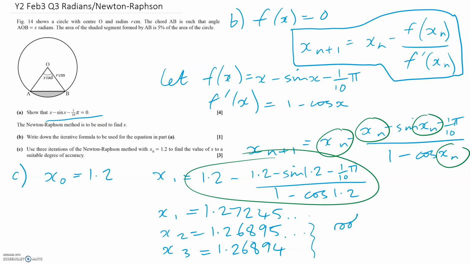So the root is 1.269 to 3 decimal places, which is accurate enough in this case. If you did it more accurately, that would be fine, and you would get full marks for that. But I think 3 decimal places is enough.